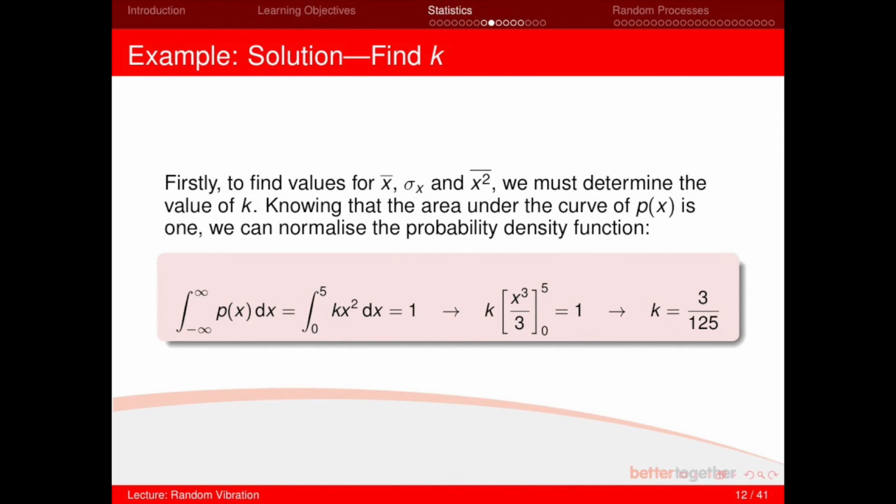If you take this integration, you get k times x cubed upon 3, between 0 and 5. Obviously 0 in here is 0, so we've got k times 5 cubed, which is 125, divided by 3, equals 1. If you rearrange it, solving for k, you get 3 divided by 125 is equal to k. So we've got a value for k.